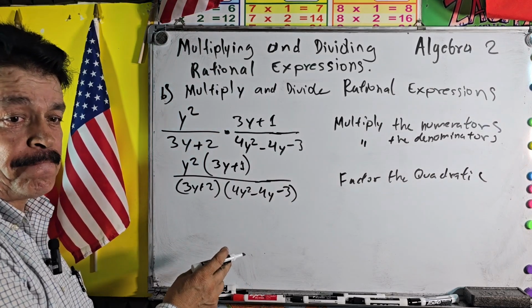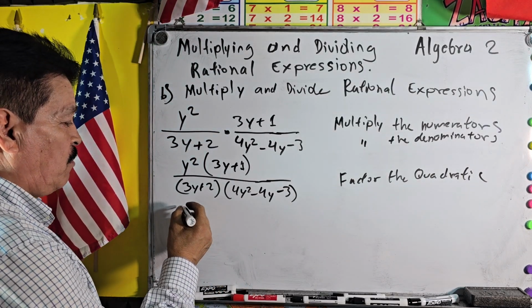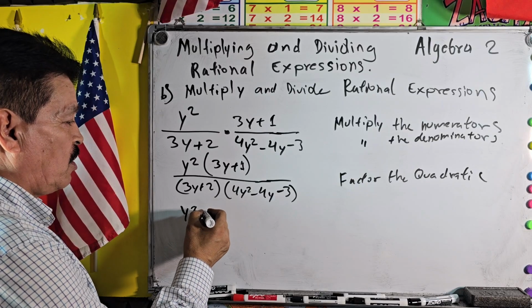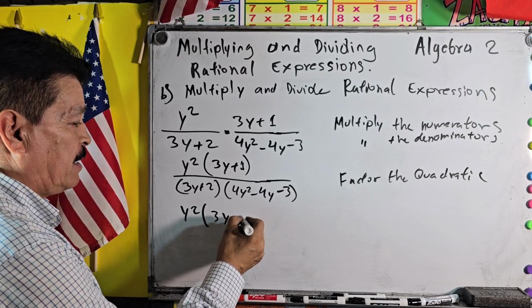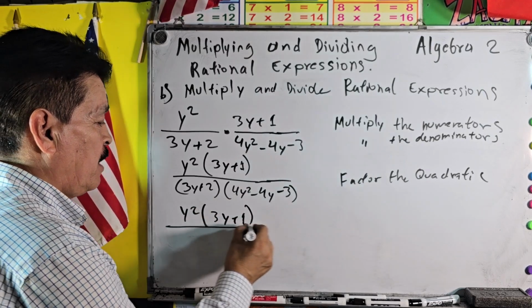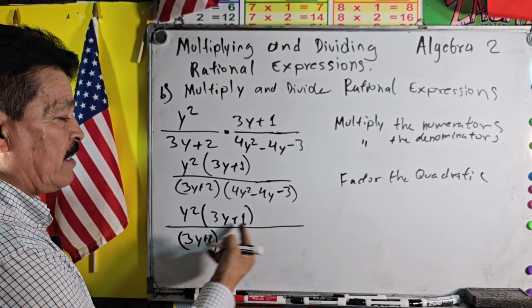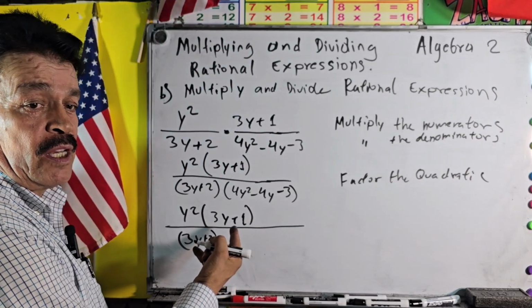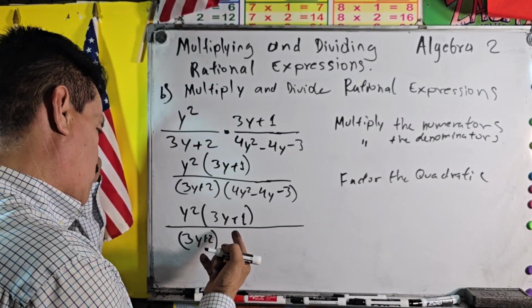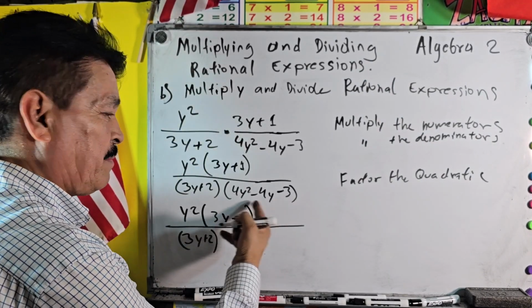Let's write the bottom again. One more step right here: the top is y to the second power times 3y plus 1, and the bottom is 3y plus 2. Factor this quadratic, not this one, this one.